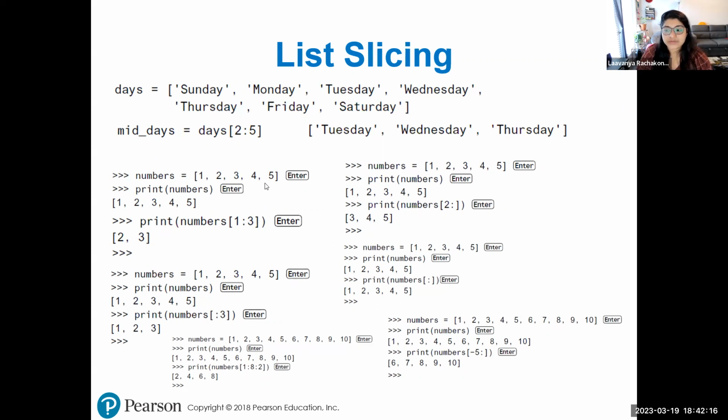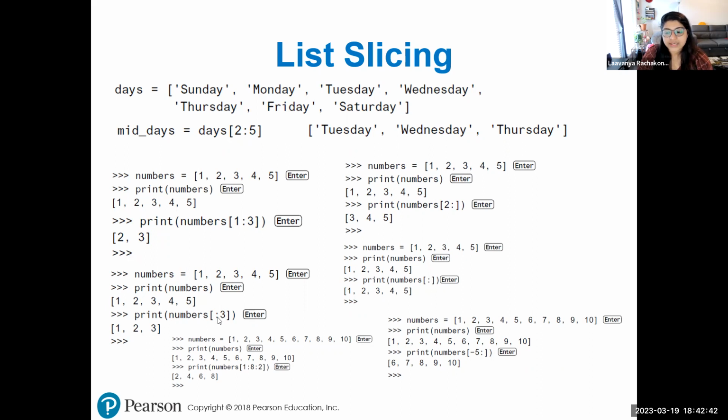Same thing with numbers 1, 2, 3, 4, 5. Print numbers from 1 colon 3. So the positional value is 1, that is 0, 1. So 2 is your first value in your output, and then 3. As the index 3 is not included, the output is just 2 and 3.